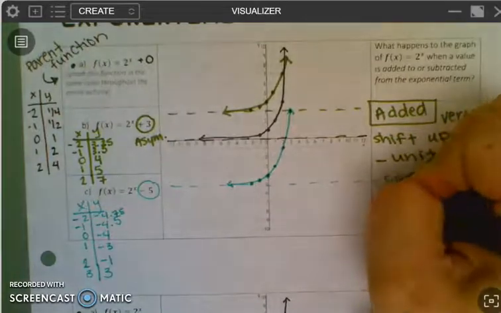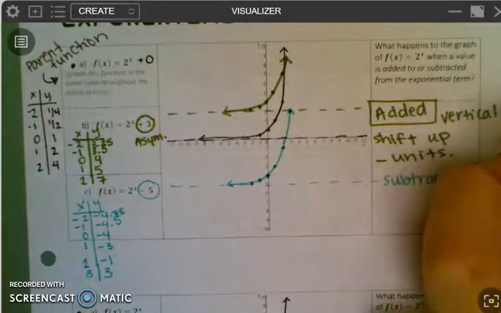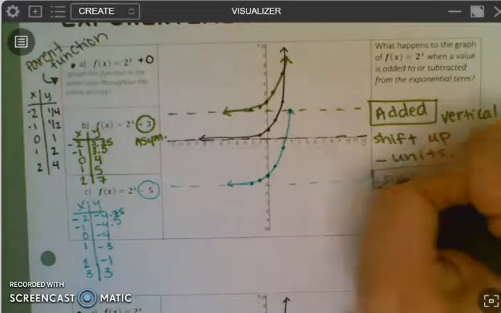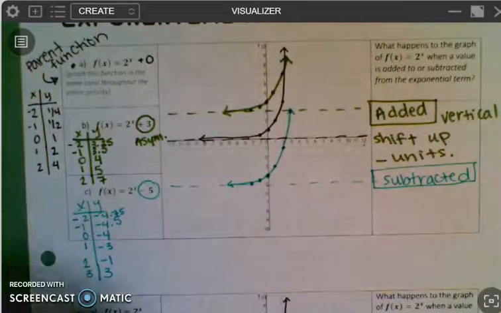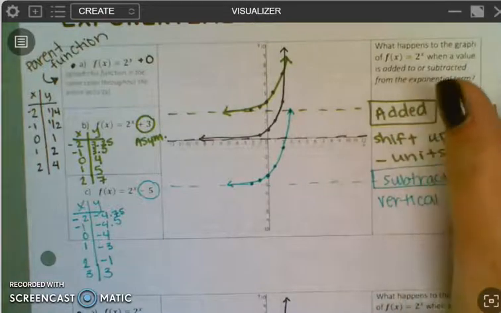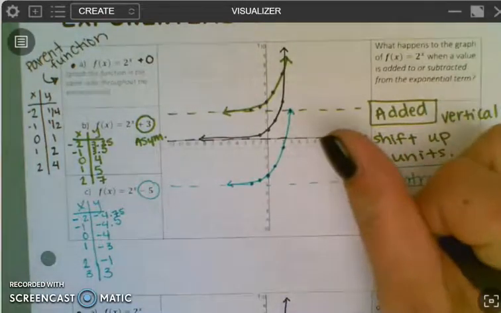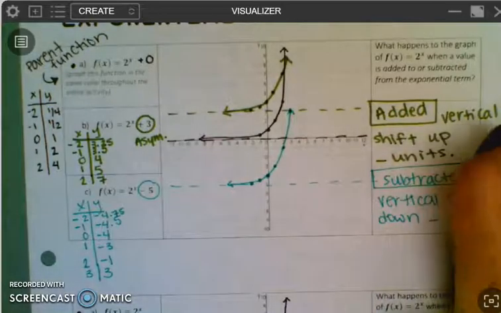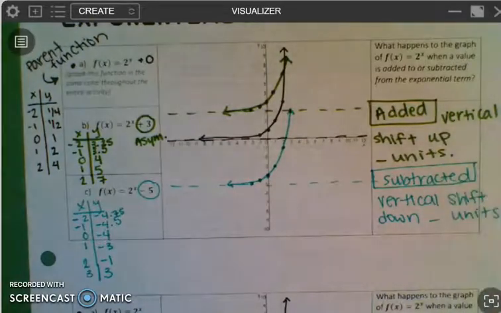So when I subtracted, it's a vertical shift down blank units. Vertical shift down however many units. So this one would be a vertical shift down 5 units. Okay, let's go to the next one.